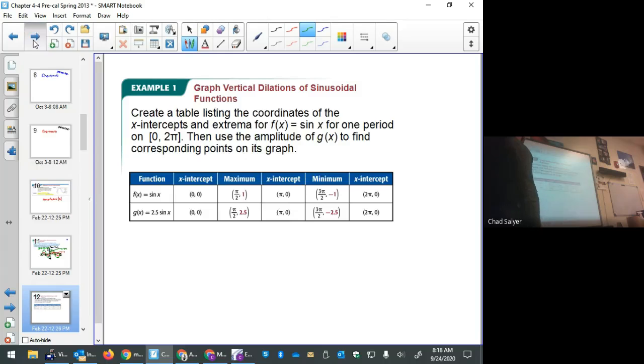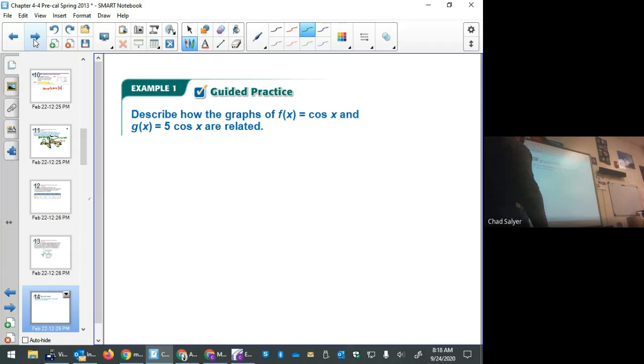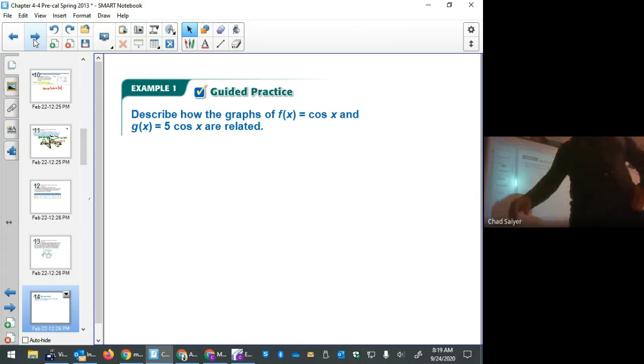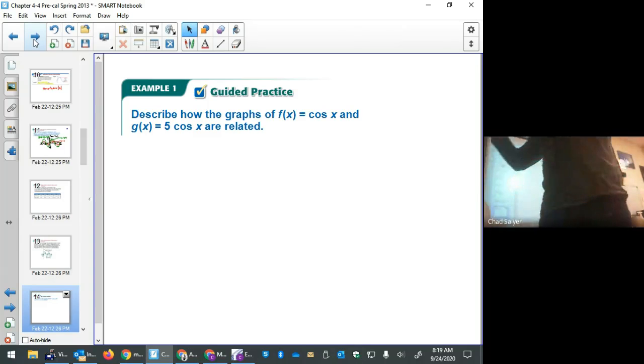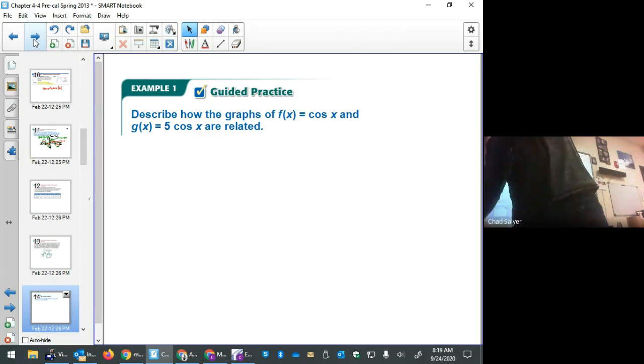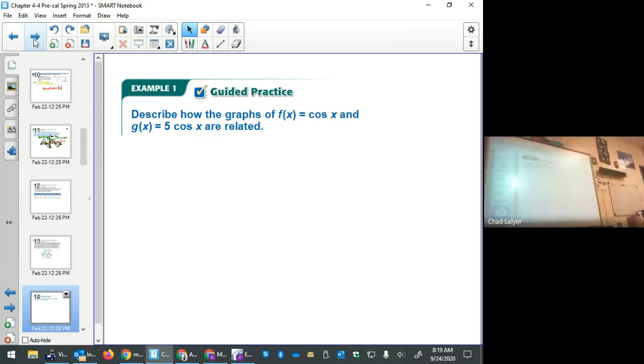Okay, so on this one, sketch for me the graph of cosine of x and 5 times the cosine of x really quickly. I'll give you about a minute to do that. Shouldn't need much longer. Use your calculator to check your work.